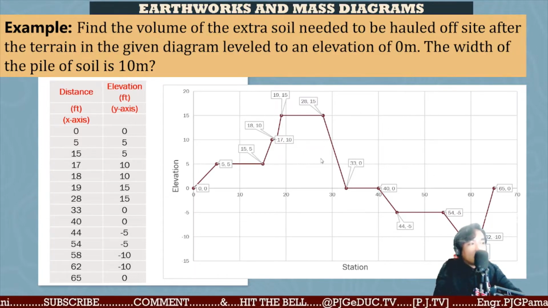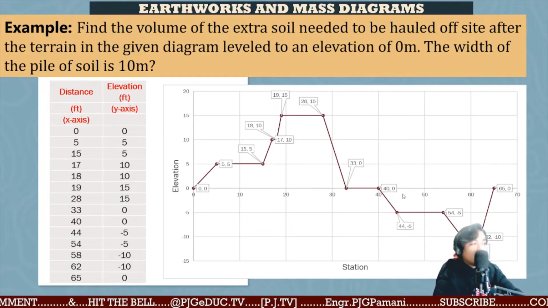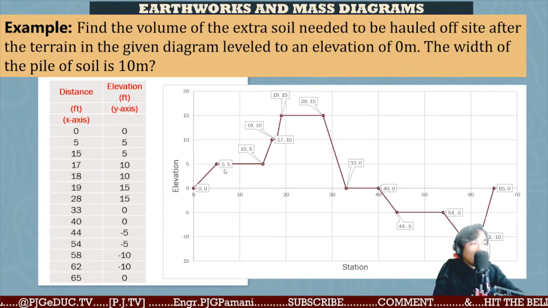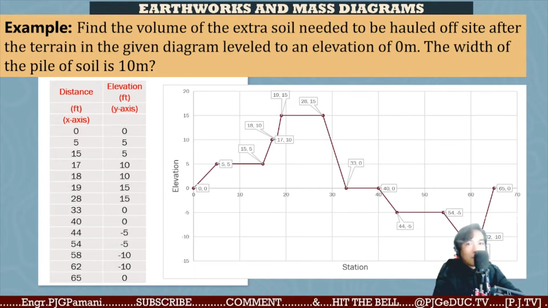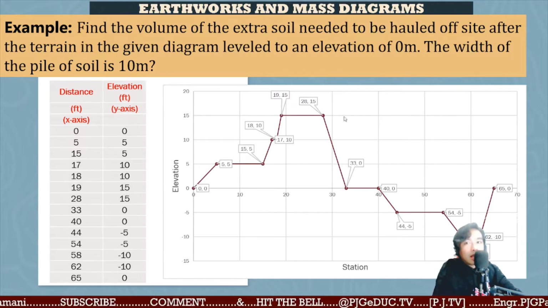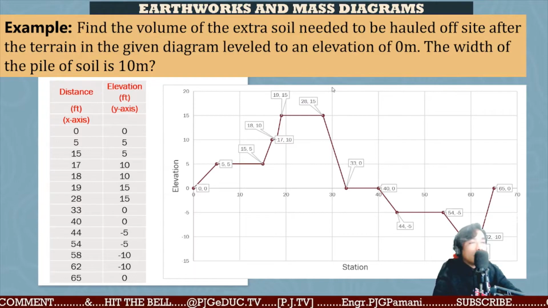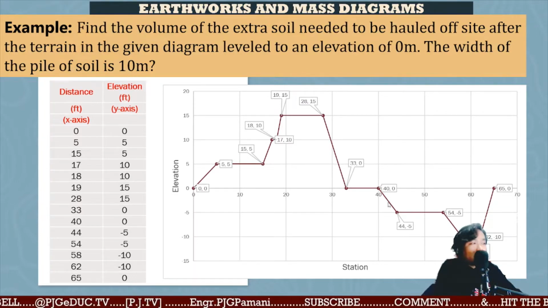So basically, ito yung ating cut, and ito yung magiging fill. Ito yung butas, and kukuha tayo ngayon ng soil dito sa section na yan, then itransfer daw natin dito. And ano yung magiging sobra? With consideration that they have the same width of pile of soil, which is 10 meters.